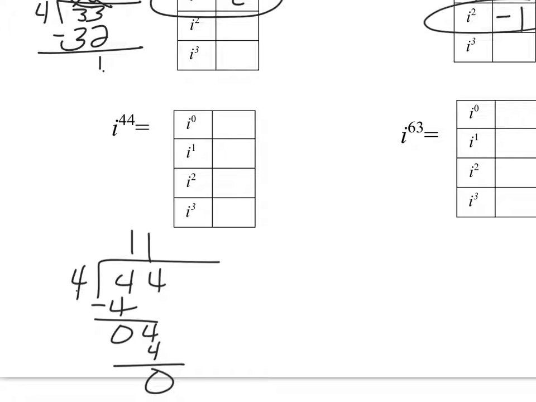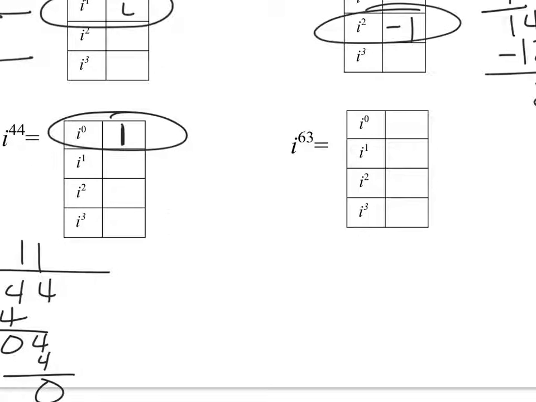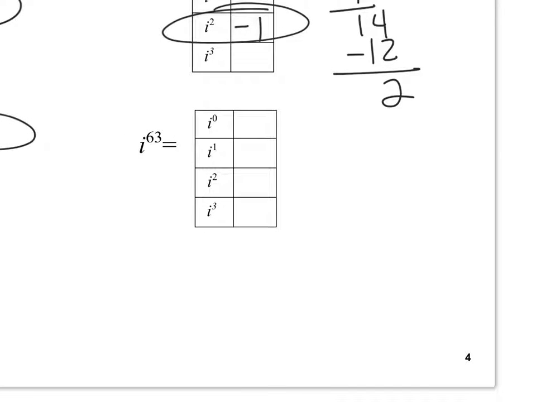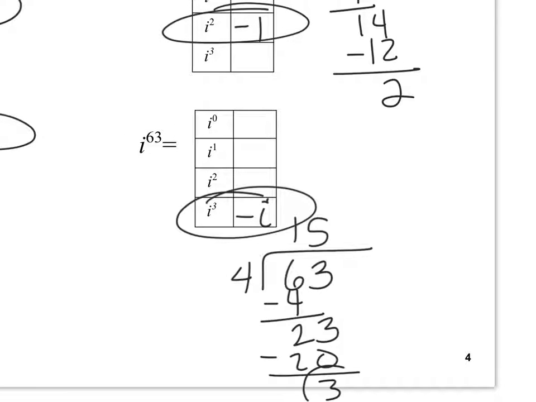There's 0 remainder, so the answer is i to the 0 or 1. And then finally do 63. 4 goes into 63 15 times with 3 left over, so it's the same as i to the 3rd or -i. Hope you understand. Have a good day.